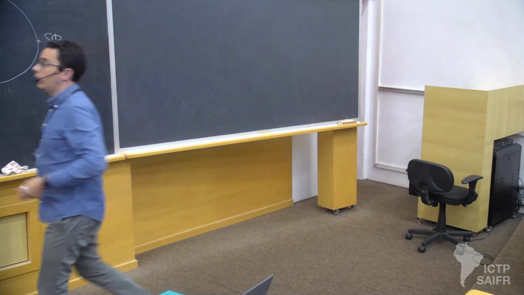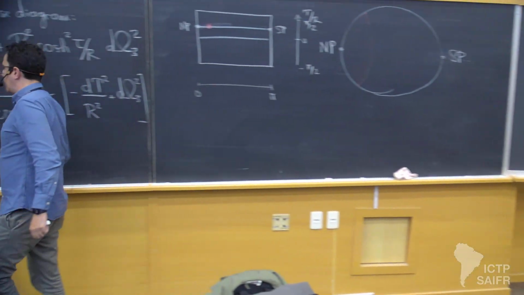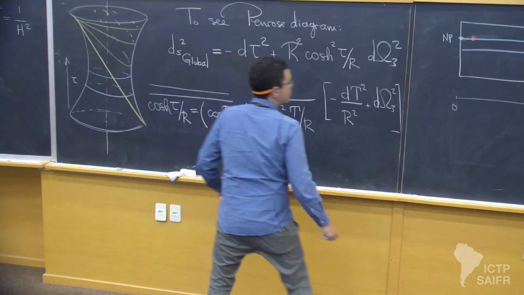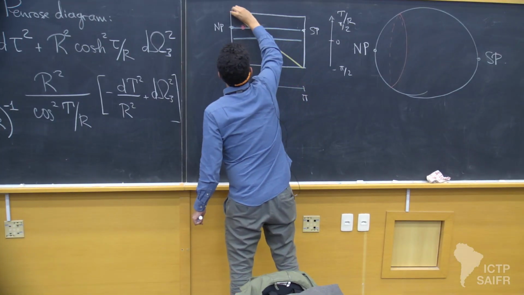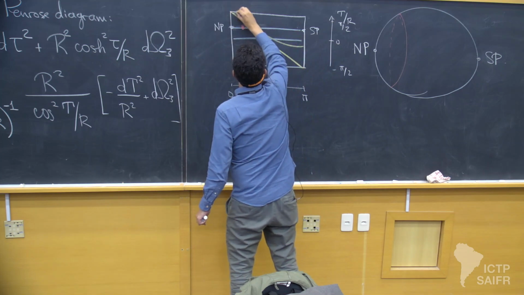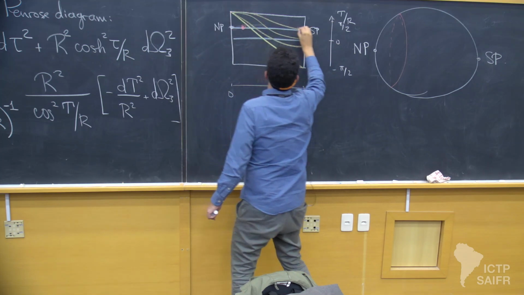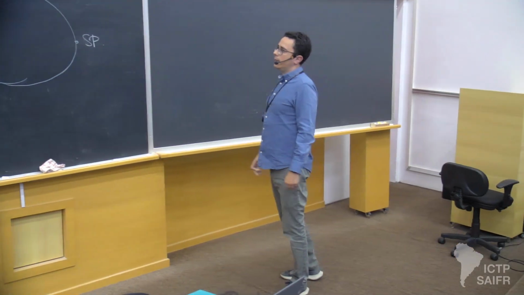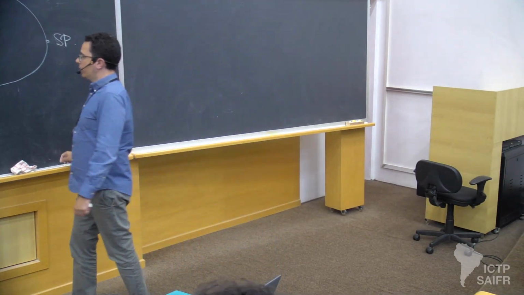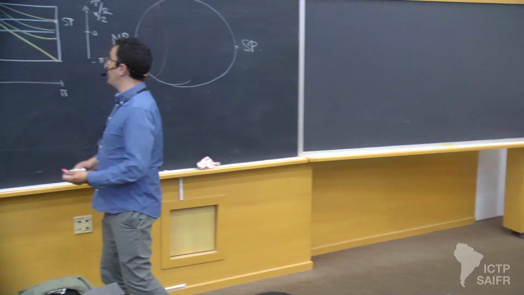Now if you look at those flat slices, they slice the de Sitter space like so. They get a bit distorted because of the squashing of the space, and so that's what the Penrose diagram looks like.